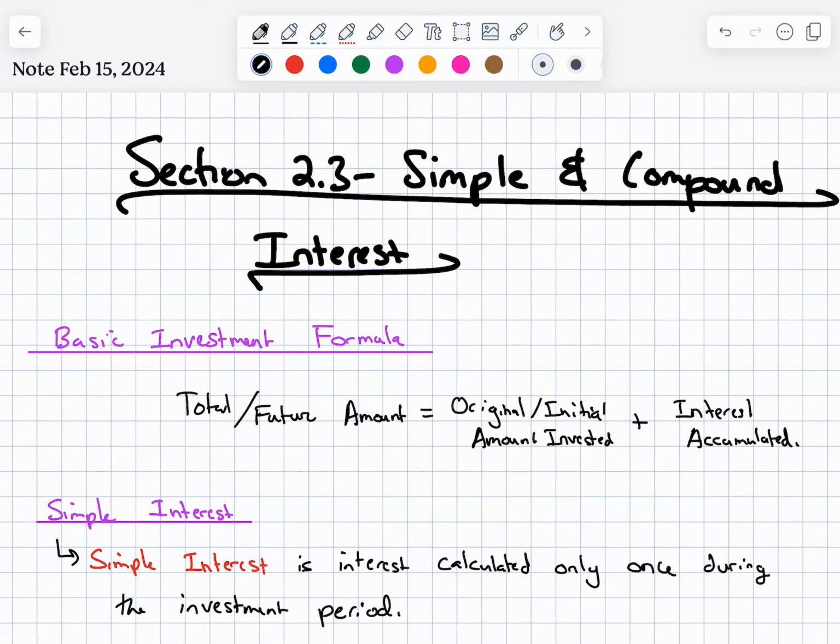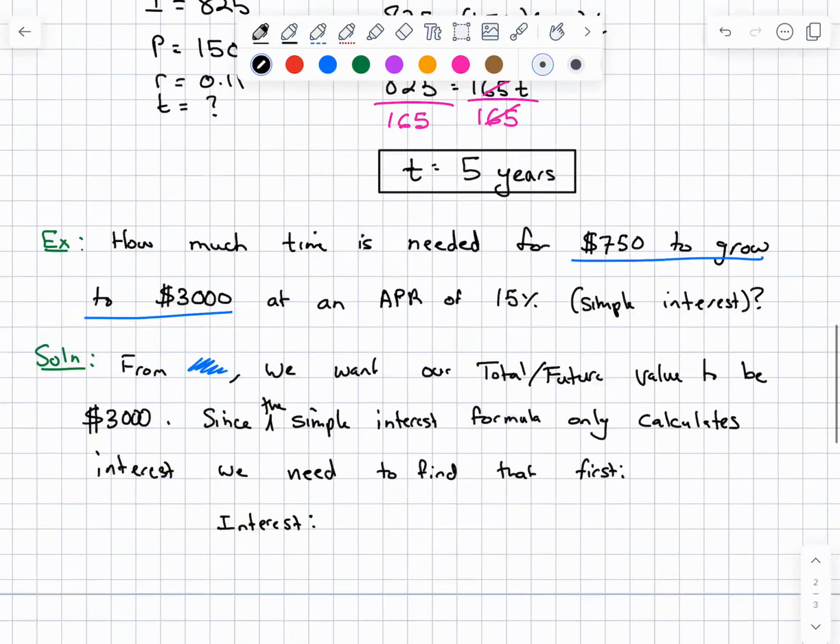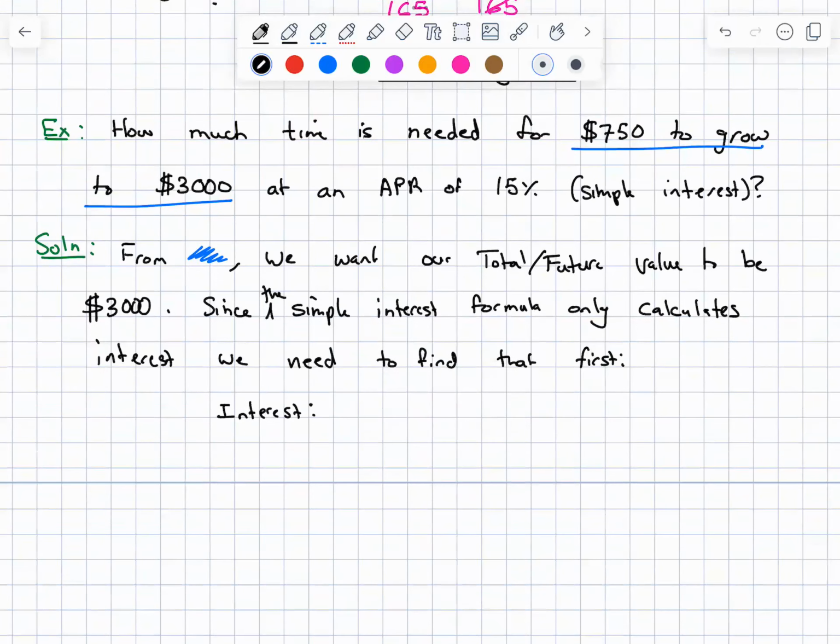So we take the 3,000 and we subtract off the 750 to find the actual interest. That'll be $3,000, the final amount, minus the 750, which is the initial amount, which ends up being $2,250.